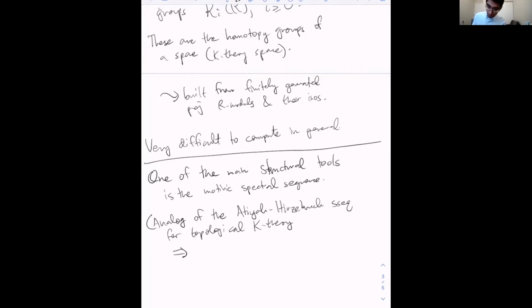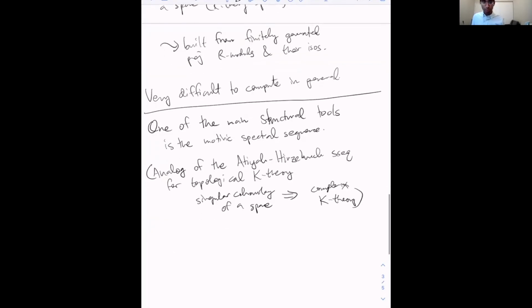So it's a spectral sequence which starts with the singular cohomology of a space and converges to the complex K-theory. This is a basic tool in algebraic topology that makes sense for any cohomology theory. And the idea is that the Motivic spectral sequence is supposed to be an analog of that in algebraic K-theory.